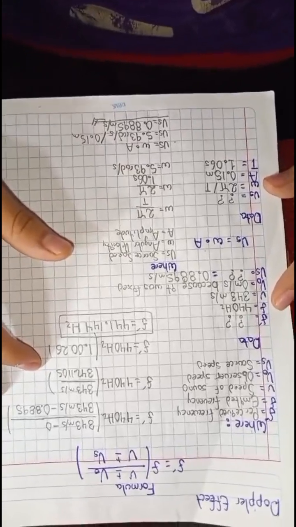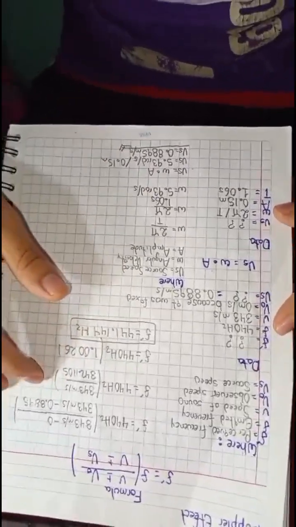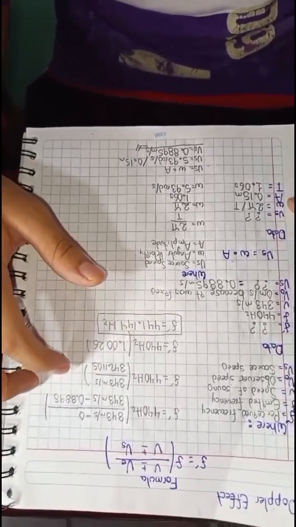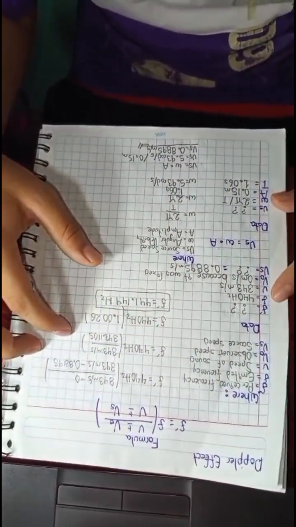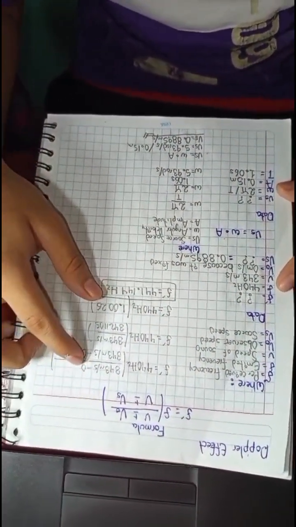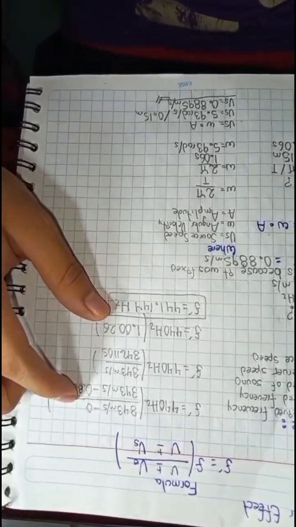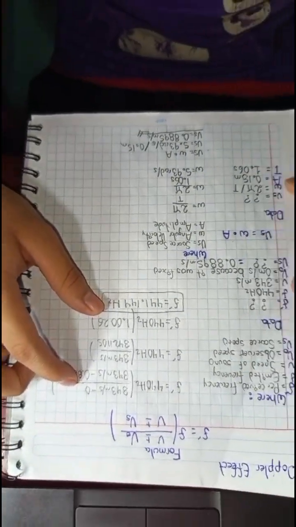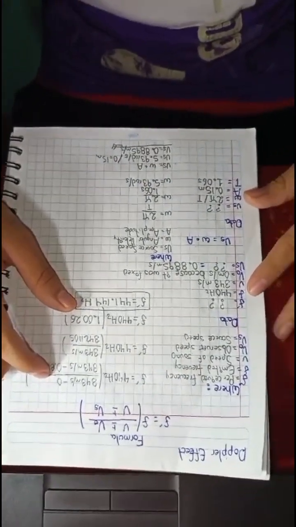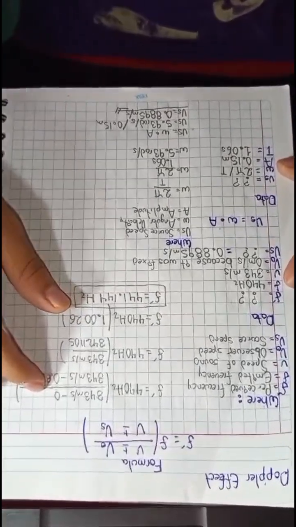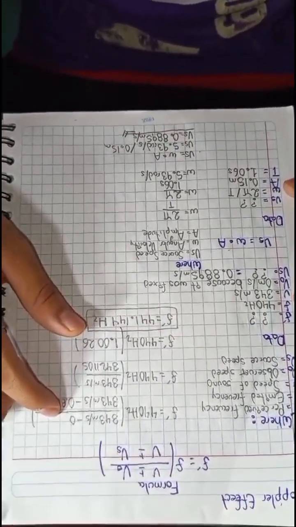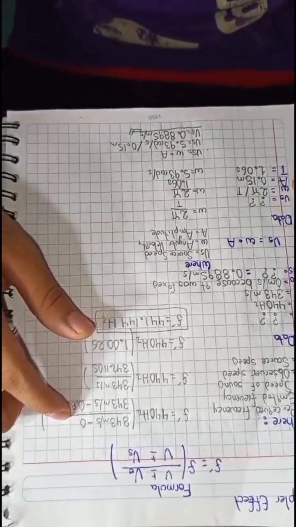Formula for an observer at rest. We take the emitted frequency, which was 440 Hz, and multiply it by the speed of sound, which in this case is 340 meters per second, divided by 340 minus the speed of the source, which is 0.889.